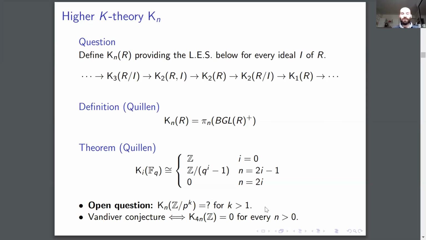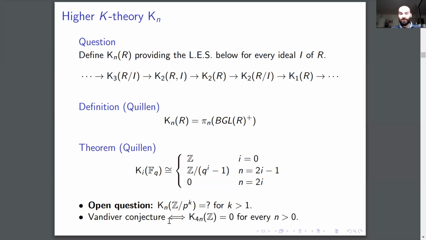Another connection of algebraic K-theory with other things, and another example of the difficulty of computing these groups, is that if you look at the K-theory of the integers, it is connected to what's known as the Vandiver conjecture. This is a conjecture in number theory. I'm not going to give the statement, but if you look at it, it really doesn't look like it has anything to do with algebraic topology.